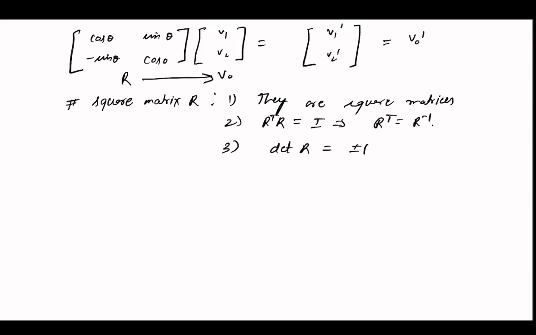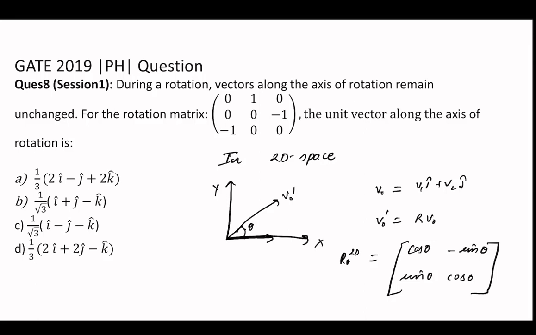Now coming to the question, we have been given a 3D rotation matrix 0, 1, 0, 0, 0, minus 1, minus 1, 0, 0. This is the 3D matrix which we have been given. During a rotation, the vectors along the axis of rotation remain unchanged.